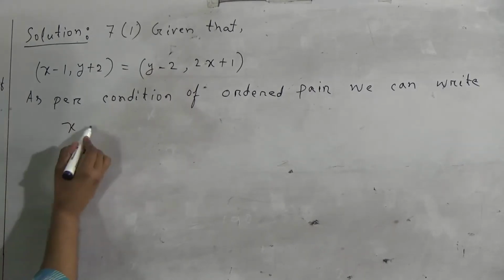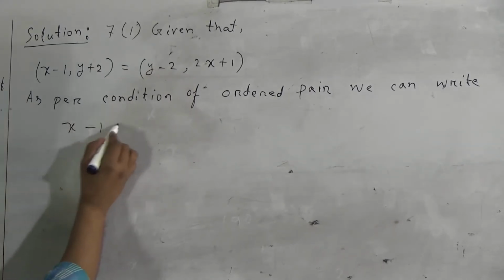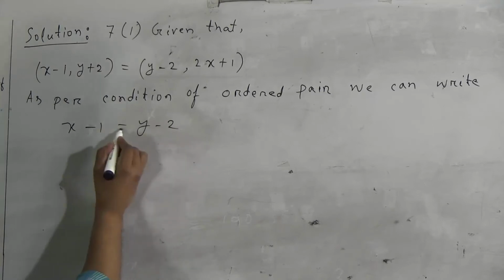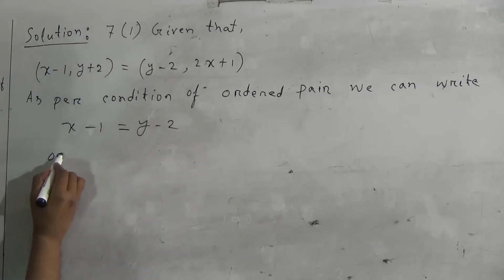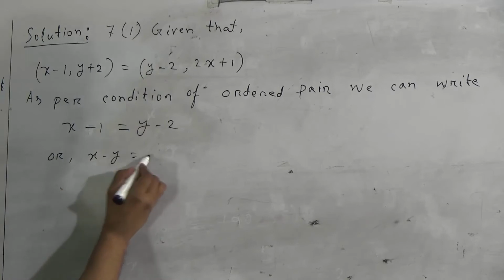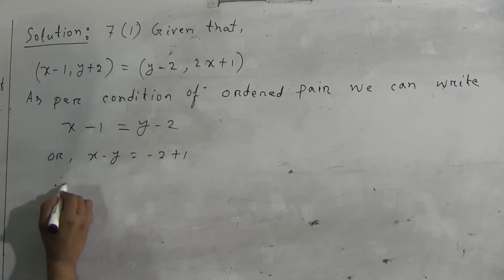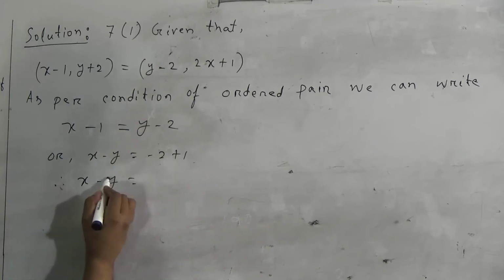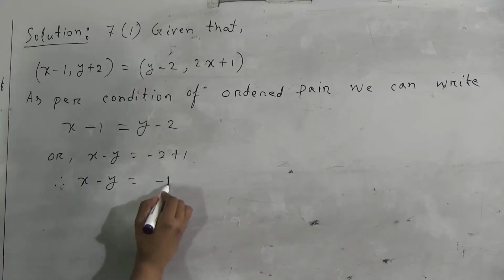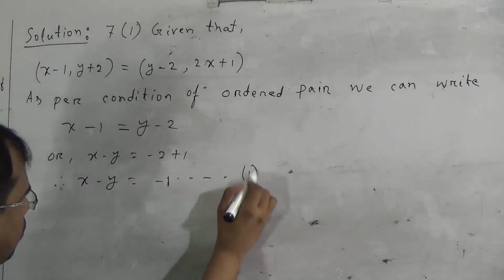That means X minus 1 equals Y minus 2, or X minus Y equals minus 2 plus 1. Therefore X minus Y is equal to minus 1. We will consider it as equation number 1.